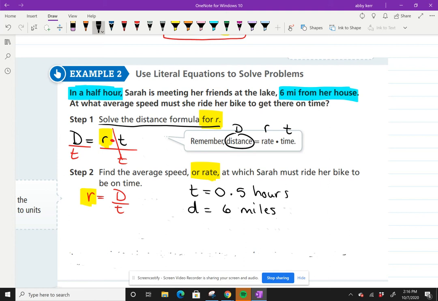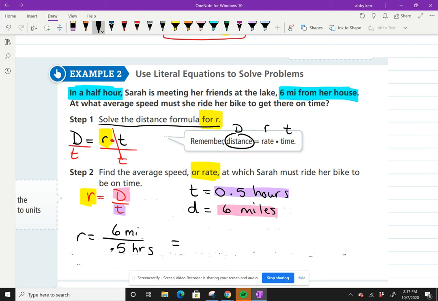And now that we have our equation isolated for R, we just plug in. Make sure you plug in the right location. My distance goes on top, and my time goes on bottom. So then it's 6 miles over 0.5 hours, and that will get us our rate.